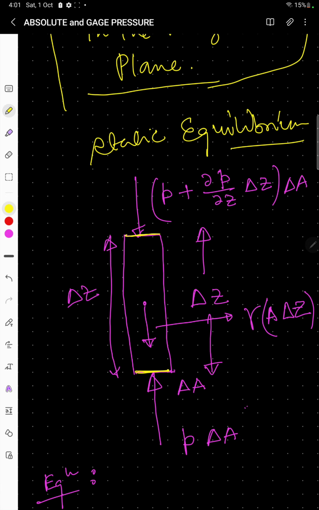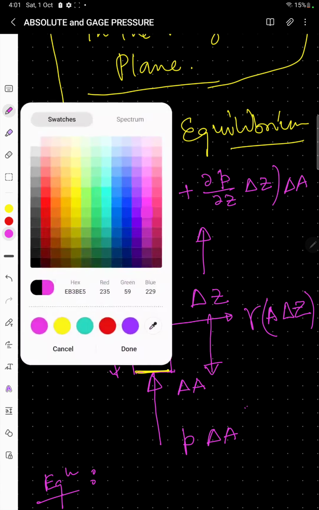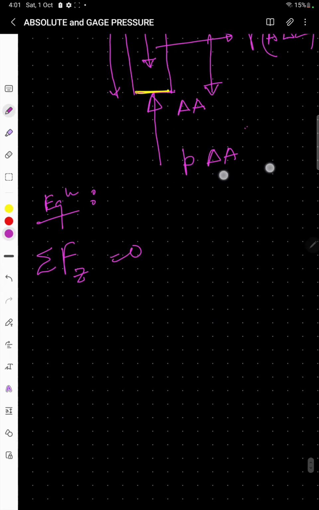Now let's go for the equilibrium equation.